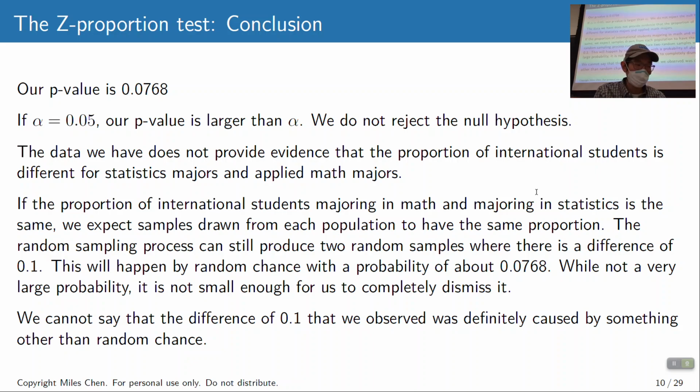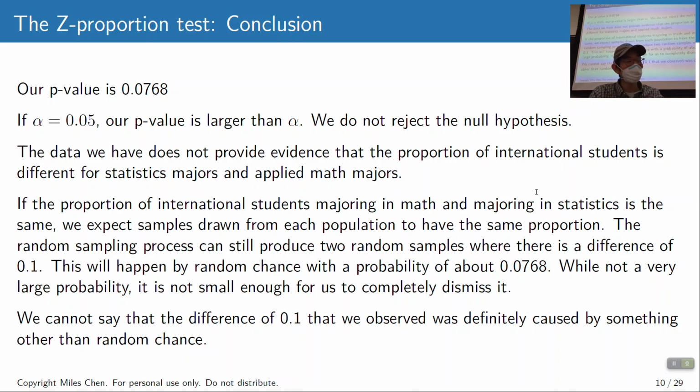So because of that, this difference of 0.1 is not big enough for us to conclude that there is a difference in the populations. On the other hand, we cannot say that it proves that there's no difference.